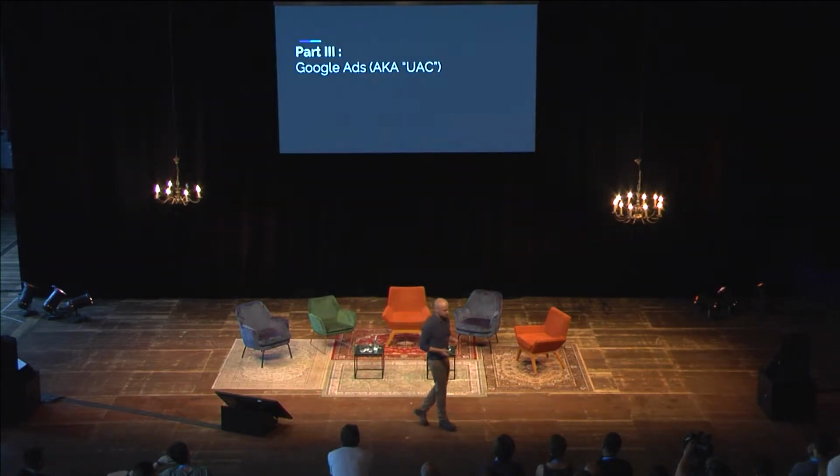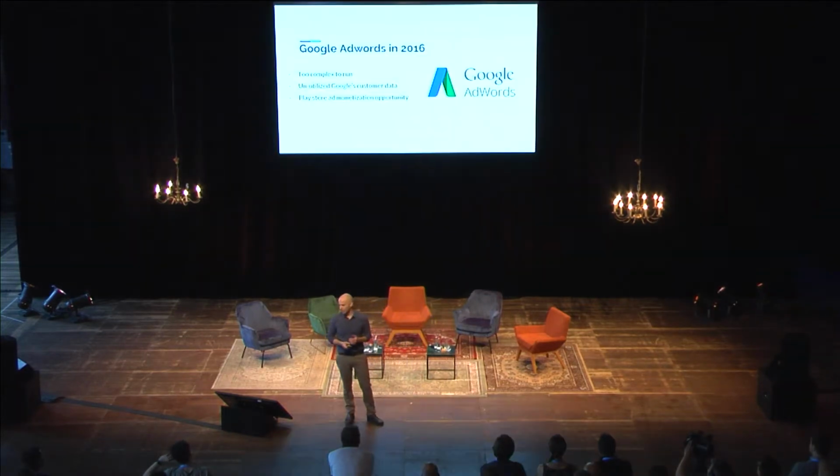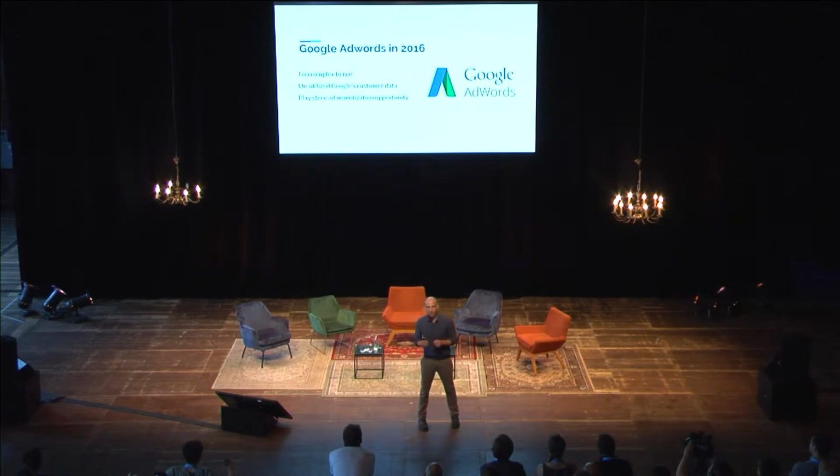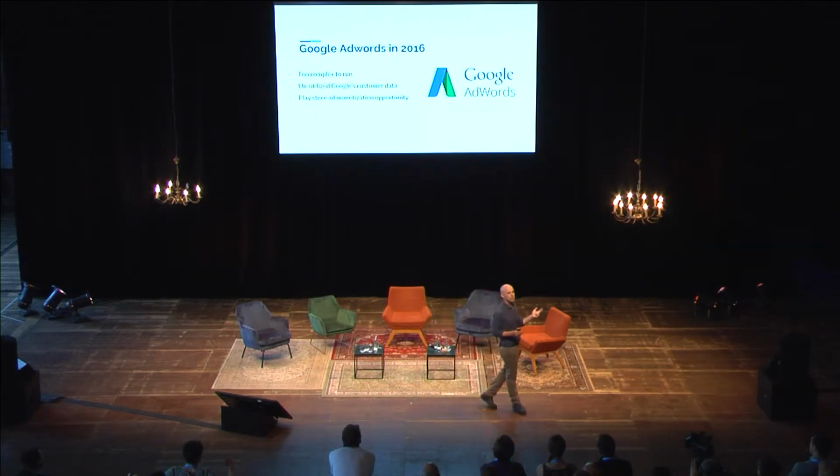So let's start. In order to understand Google Ads, formerly known as UAC, we must first understand the history behind it, right? Let's rewind a bit. Back in 2016, it was very complex to run Google AdWords. You needed 3 different specialties in your team: a YouTube specialist, a search specialist, and a display specialist.